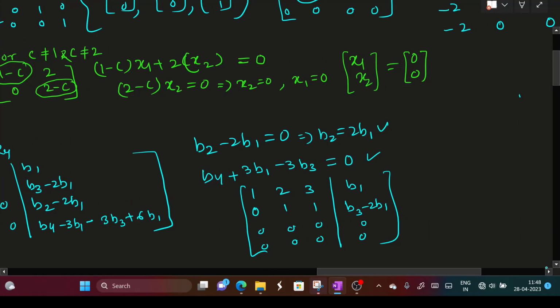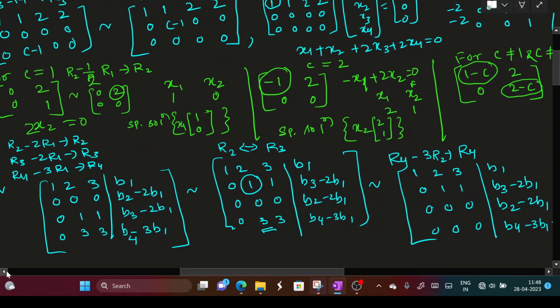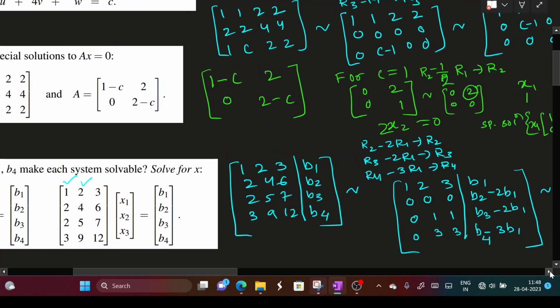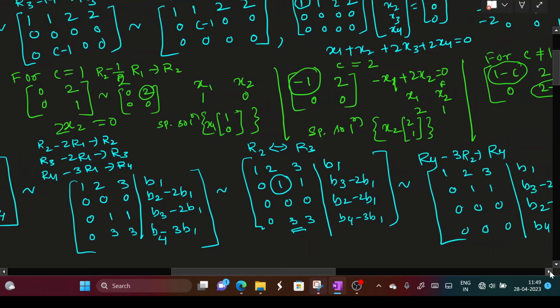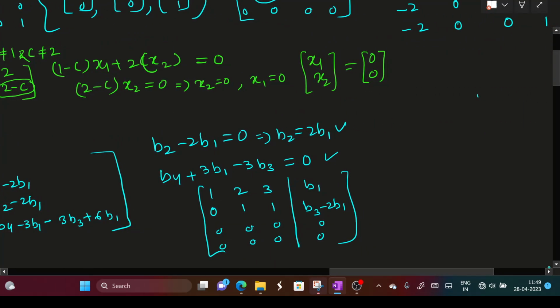Solution. Variables are x1, x2, x3. I will write. I forgot whether it was u, v, w or x1, x2. So here two pivots are there. x1 and x2 variables are pivot. x3 is free.